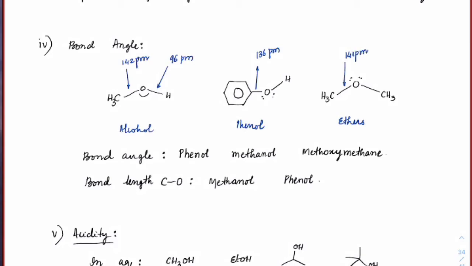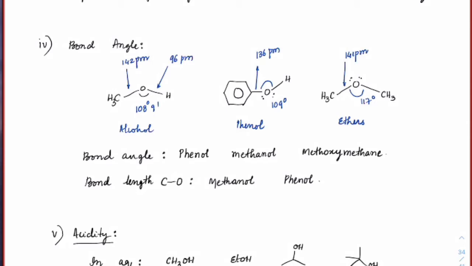Now if you see the bond angle, here it is around 108 degrees 9 minutes, and here it is around 109 degrees, this bond angle. And if you see this bond angle here, it is around 117 degrees.